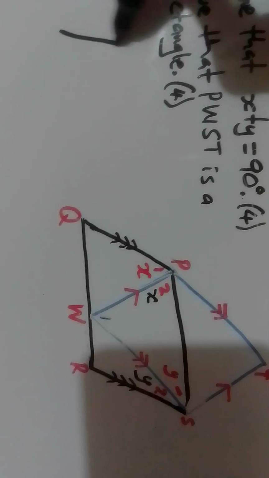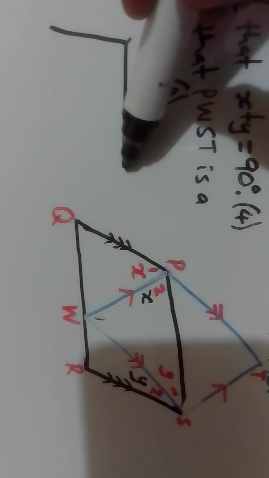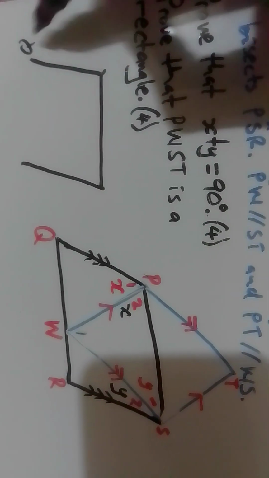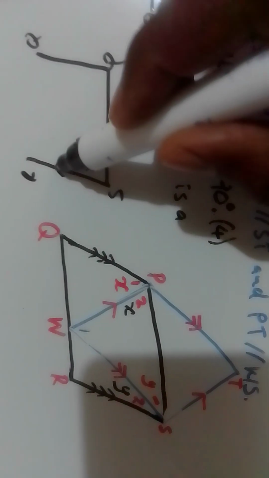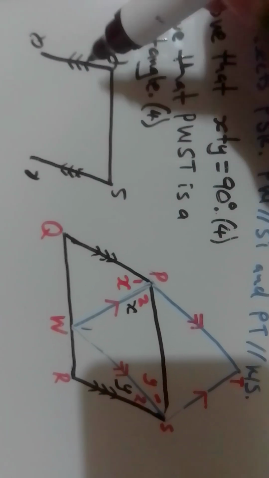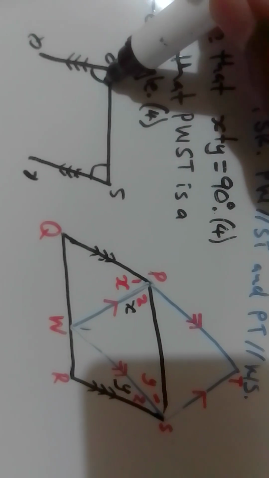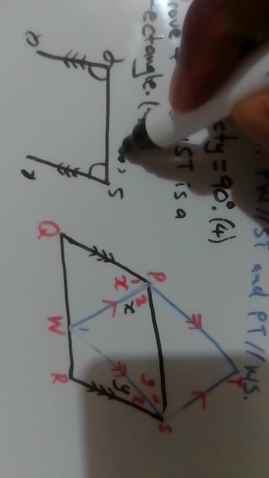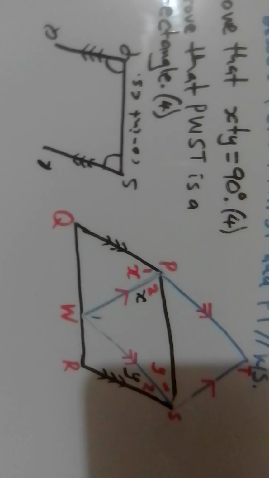From point Q to point P, from point P to point S, from point S to point R. I've got a U. This is Q, this is P, this is S, and this is R. And these two lines are parallel to each other. QP is parallel to SR, which means that angle S plus angle P, these two angles, add up to 180 degrees. That's what we call co-interior angles, right?